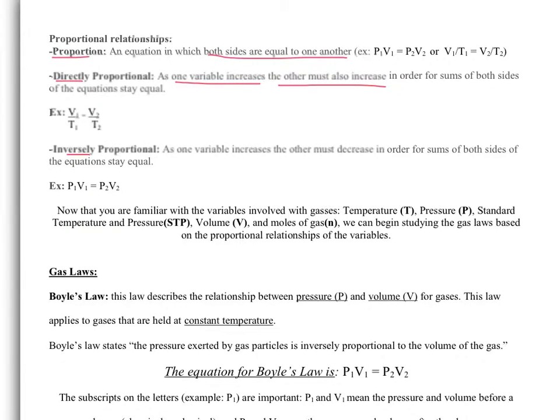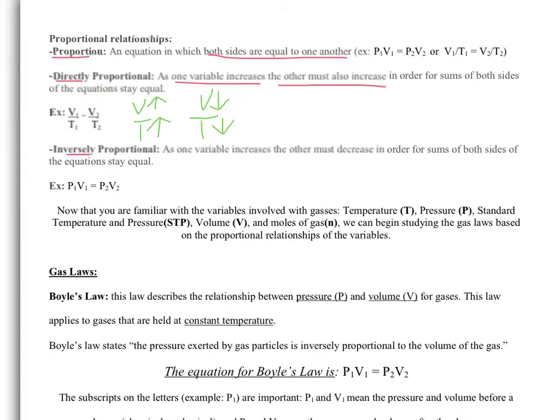So directly proportional, as one increases, the other one increases. So as V goes up, T does what? Goes up. As V goes down, T also goes down, right?